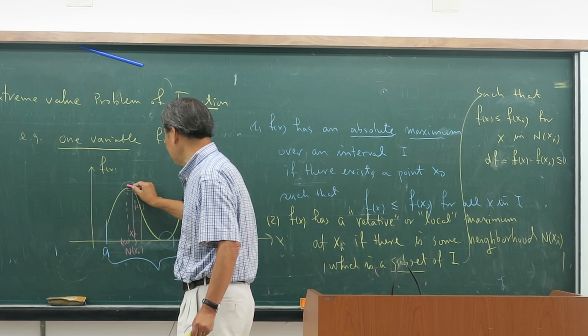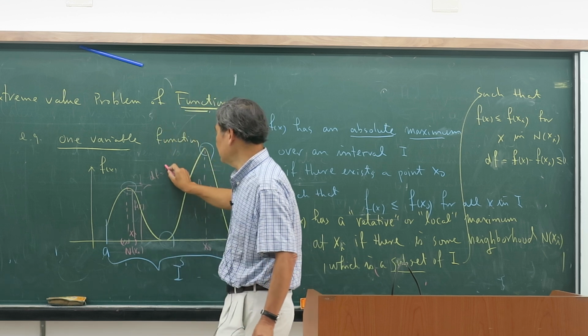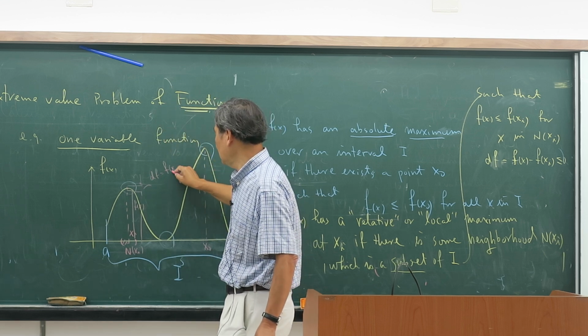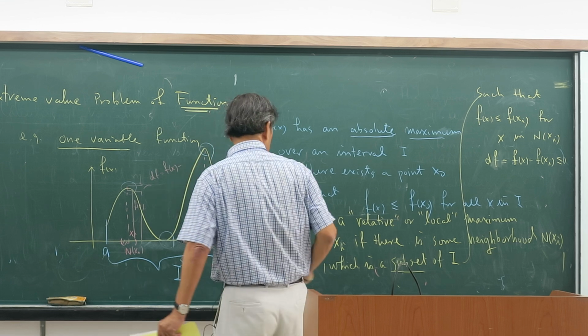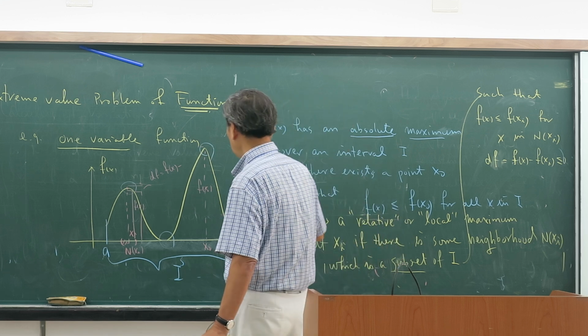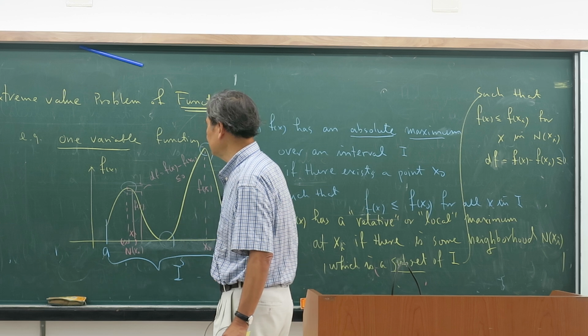So df is equal to f(x) minus f(x bar), and it is smaller than zero.